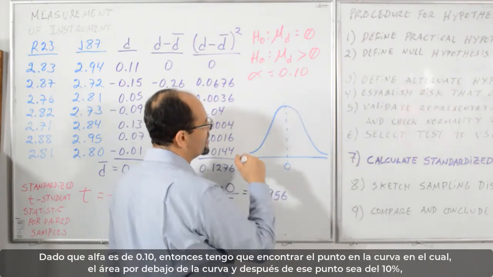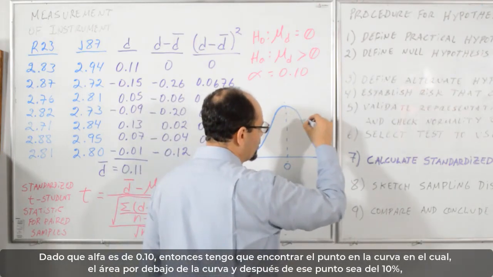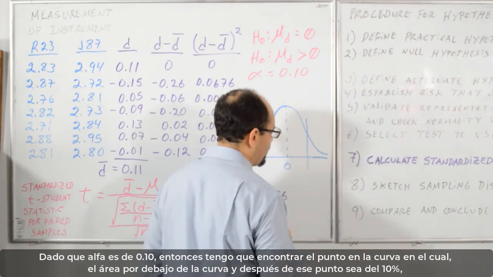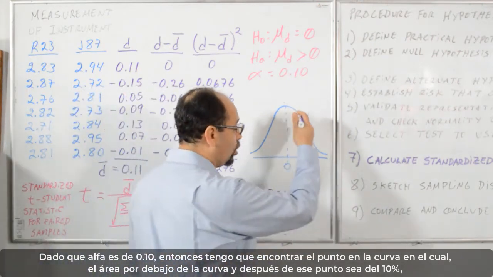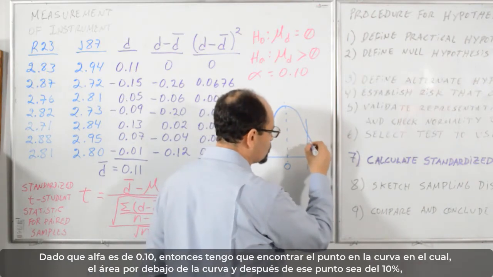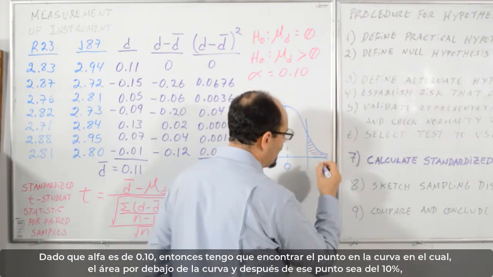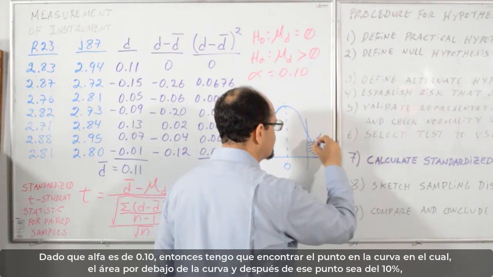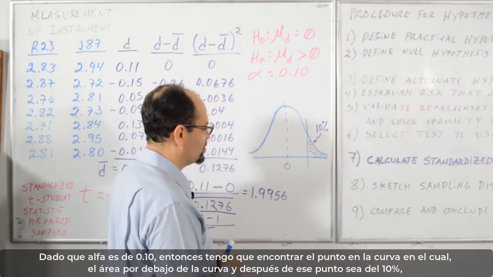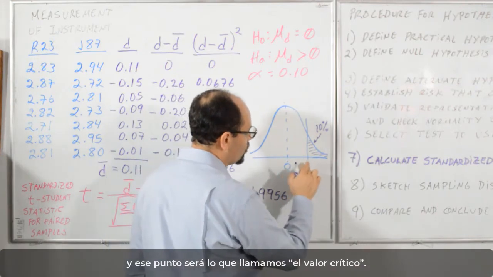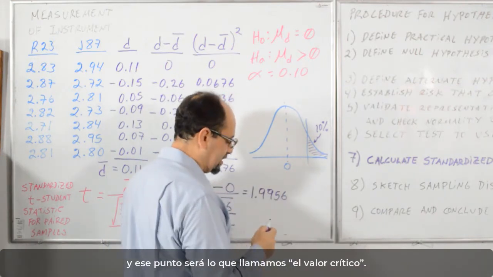Since alpha is 0.1, the critical value is a point where the area under the T-student distribution after that value will be 10%, which is the alpha, the risk of 10%. And of course, this will be the critical value.